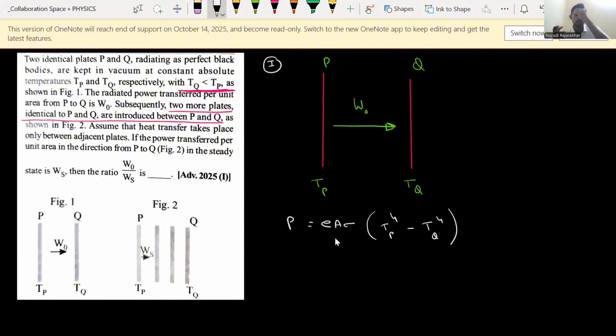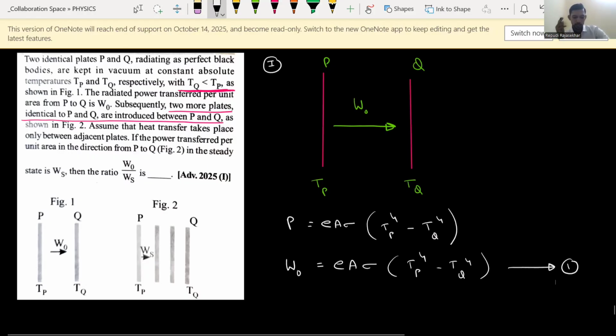But how much is the rate of flow of heat here? That is W naught. So W naught equals E A sigma Tp power 4 minus Tq power 4. Now take this one as equation 1.